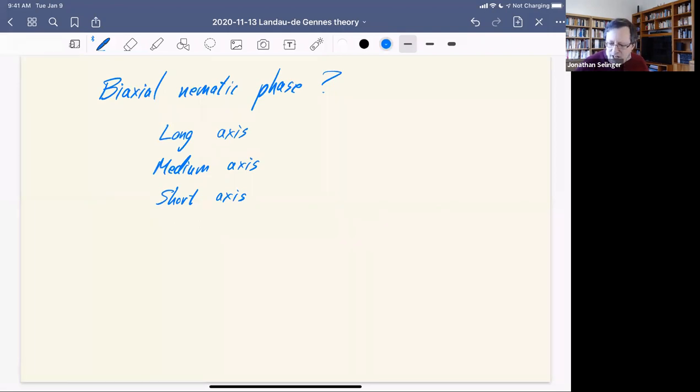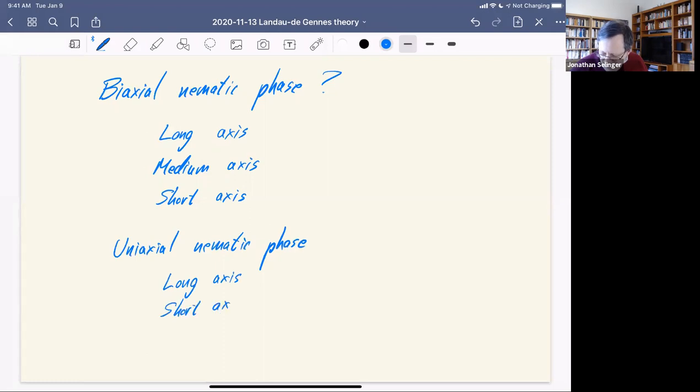The normal experimental phenomenon is a uniaxial nematic phase, which has a long axis and a short axis and another short axis.